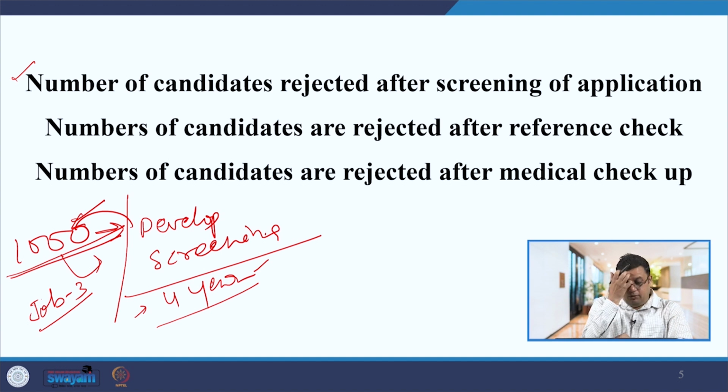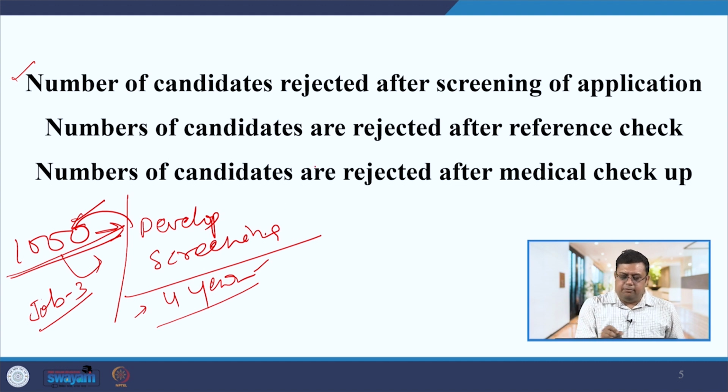So that is how you can keep the screening criteria a little bit higher, and you can identify the suitable number for your interview process. If you are receiving a larger number of candidates for a job position and you are increasing the screening criteria, it indicates that you are already filtering and going for higher quality candidates for the interview process, right.